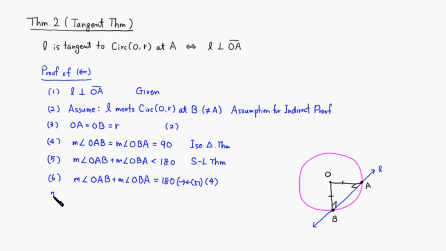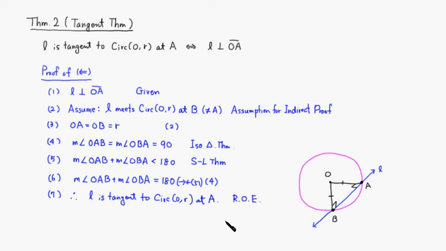So 7. Therefore L is tangent to the circle at A. This is by rule of elimination.